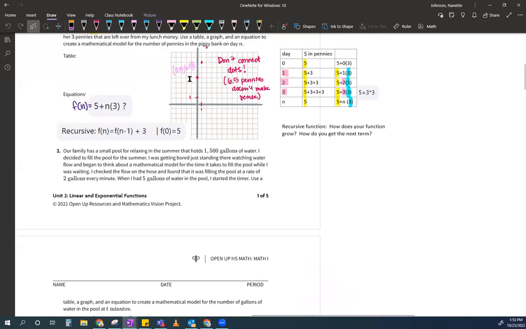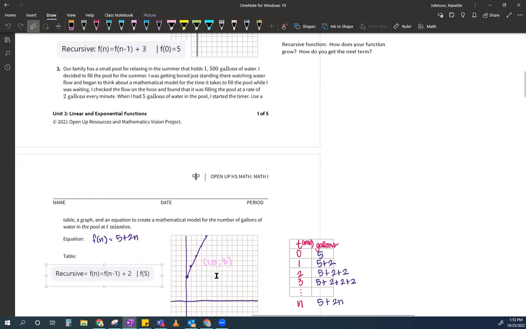Up here, 6.5 pennies doesn't make sense, right? It doesn't make sense. Here, this makes sense. 8 gallons, 1.5 minutes. Makes sense. So connect the dots, right?